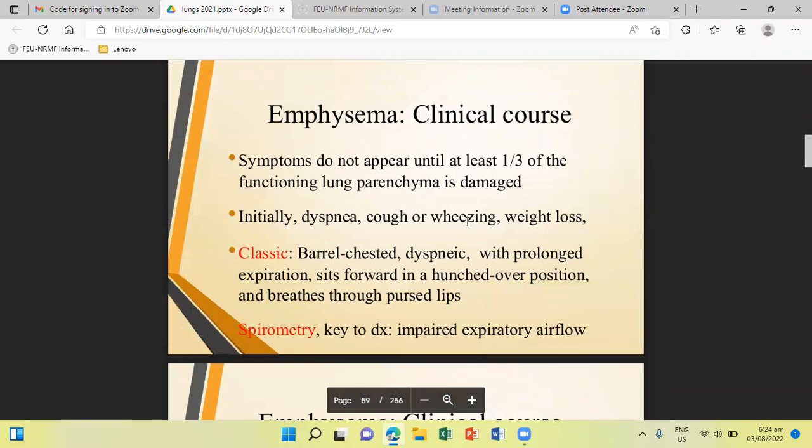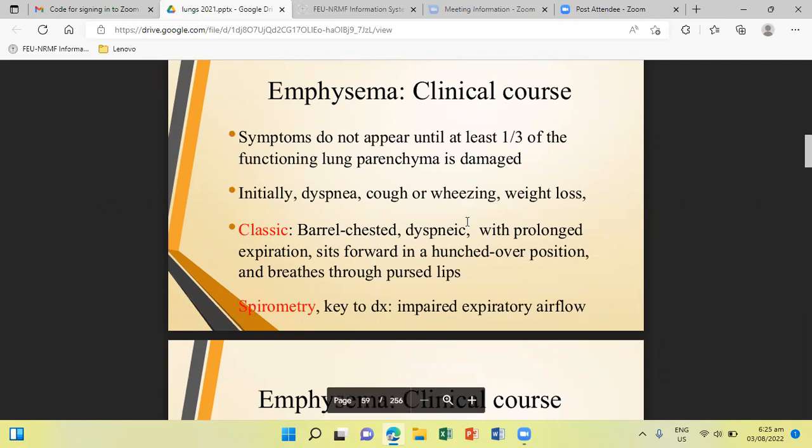I've shown you the classic physical appearance of the patient. You are to expect, of course, dyspnea, cough, wheezing. History taking would tell you that these patients are classically smokers. You can do spirometry studies again, and the impaired expiratory airflow is the expected finding.